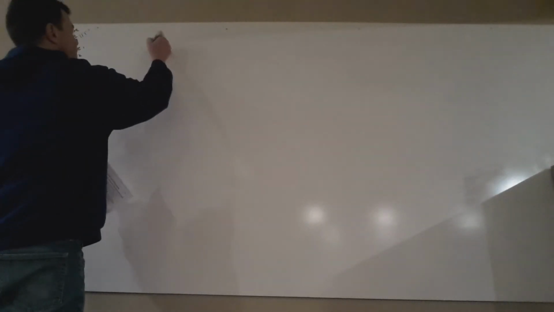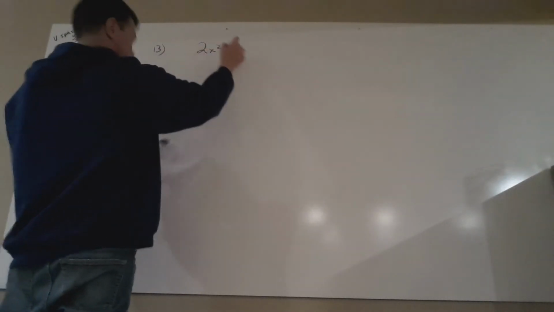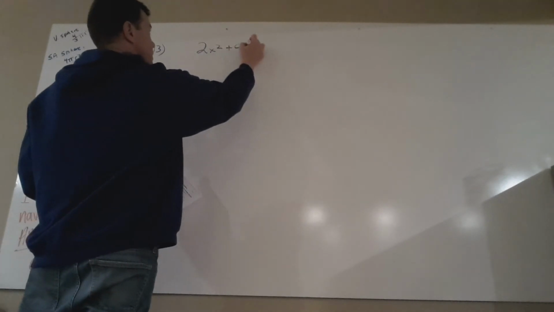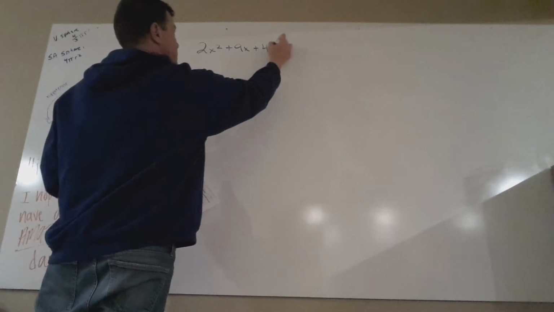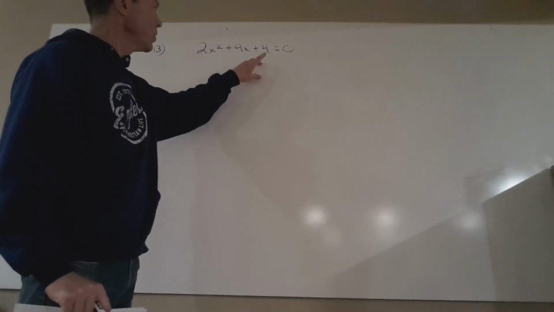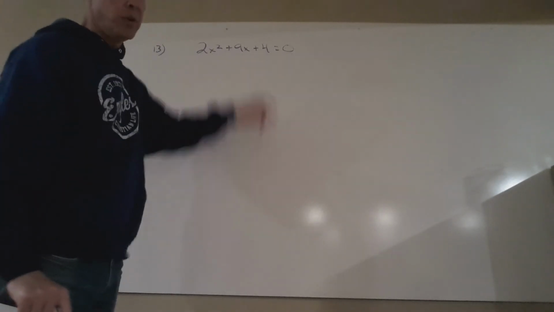All right, 13. 2x squared plus 9x plus 4. It's already in our ax squared plus bx plus c form, okay? It's already equal to 0, so we don't have to move anything around here.